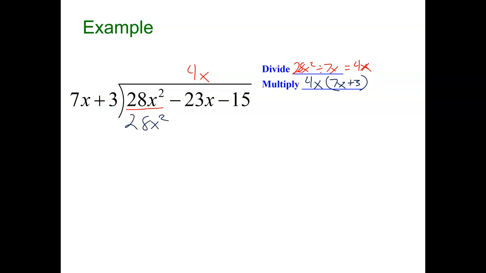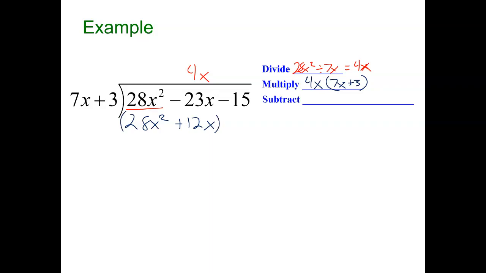These should always match. 4x times 3 is 12x. These may or may not match. Most of the time they won't. Sometimes they do. But that first term should always match because now our next step is to subtract.